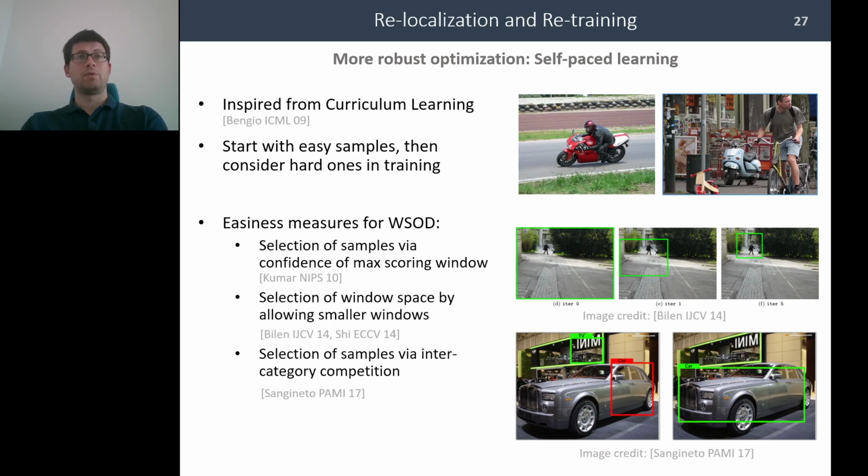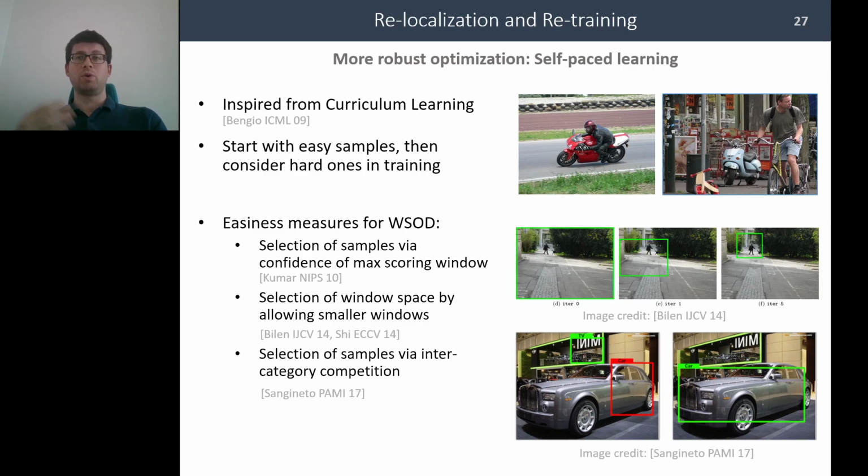For example, smaller samples can be more difficult to detect because they have less detail, less resolution. Bilen and Vedaldi in 2014 showed that if you start with bigger regions and then move to smaller ones gradually, this improves the performance.